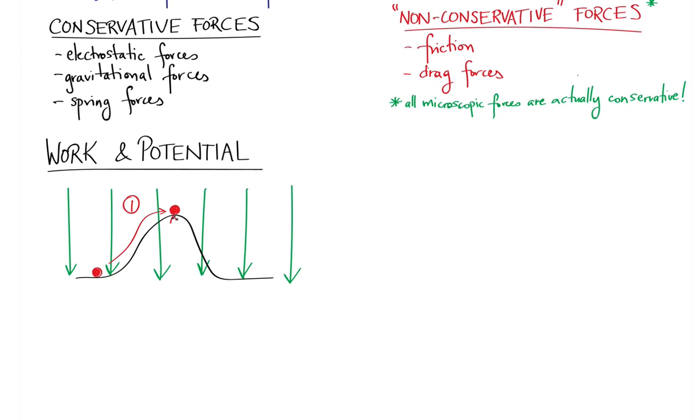And let's say this hill is some height h. Then it's sitting here, and eventually you nudge it, and it rolls down the hill. Right now it has some kinetic energy, some velocity going this way. So this is step 2.